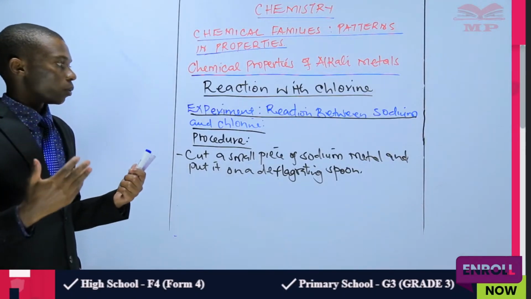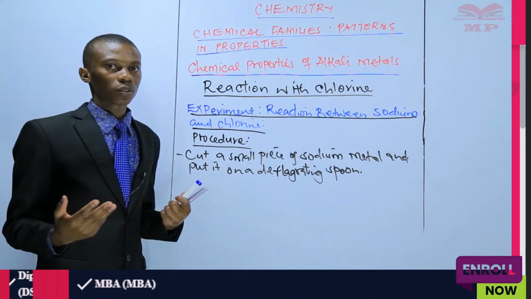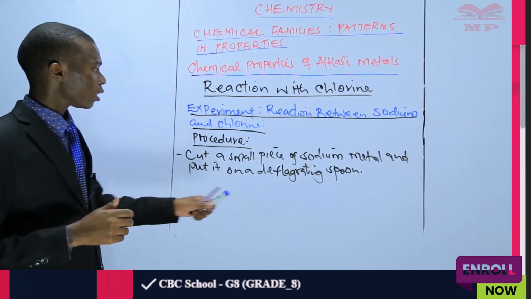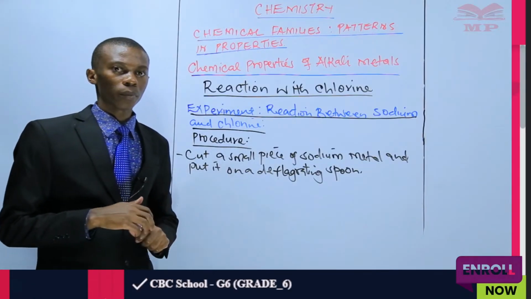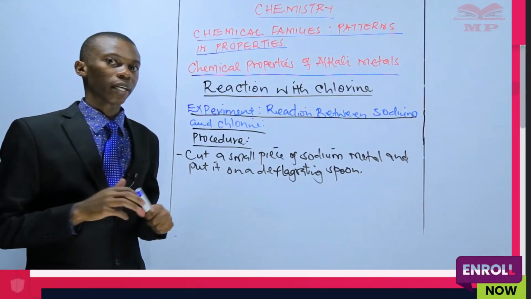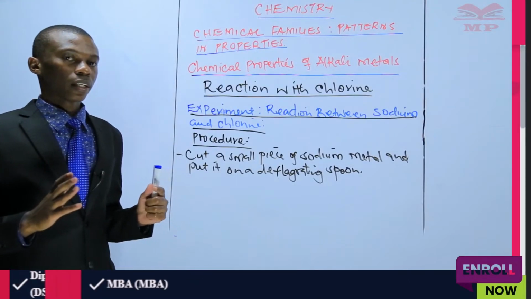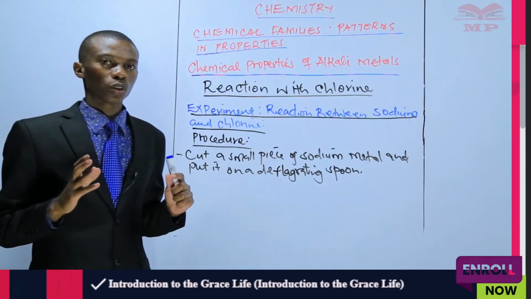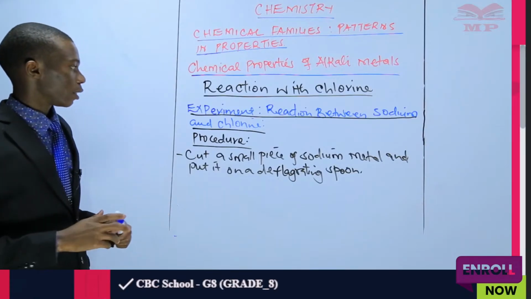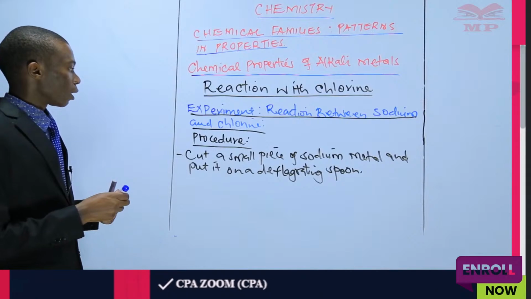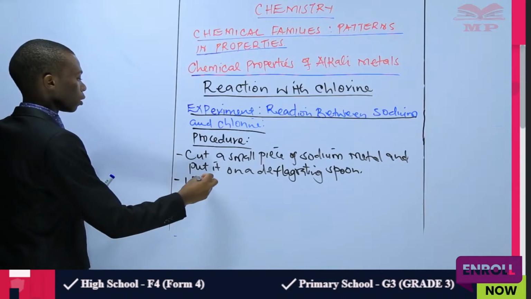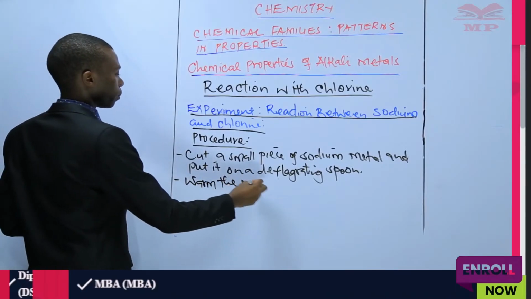Remember, we said that alkali metals are reactive metals, and therefore you should use small pieces. I hope you still remember that the deflagrating spoon was one of the apparatus we learned in Form 1, and it is used for holding substances as they are being burnt. Then warm the piece of sodium.